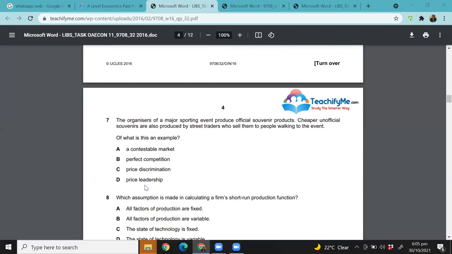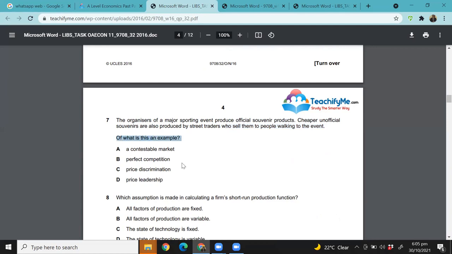So let's move to the next question. The organizers of a major sporting event produce official souvenir products. Cheaper unofficial souvenirs are also produced by street traders who sell them to people walking to the event. Of what is this an example?